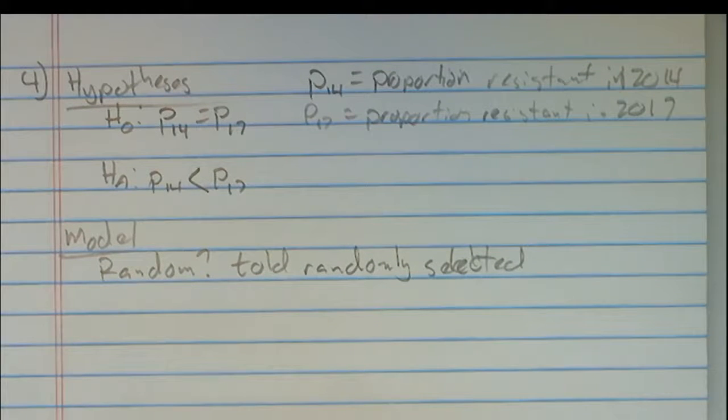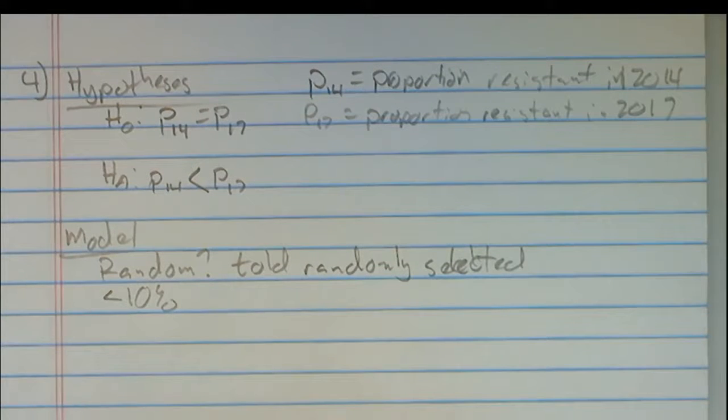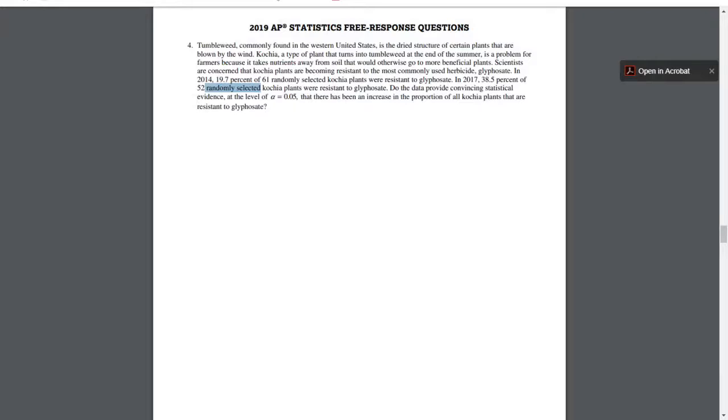Let's see now, what else do we need? We need less than 10% of the population. We're not given a population size, but we are given our 2 sample sizes, 61 and 52.